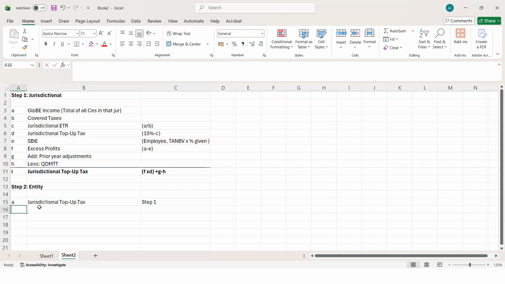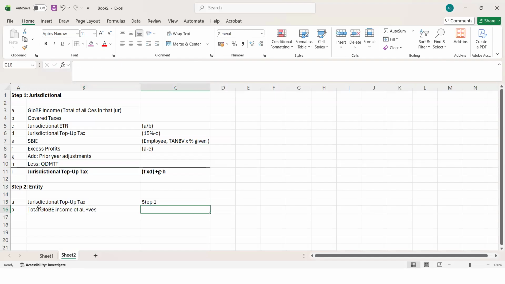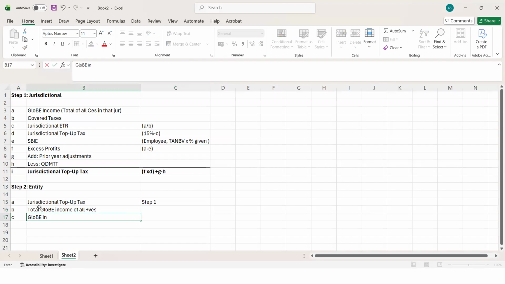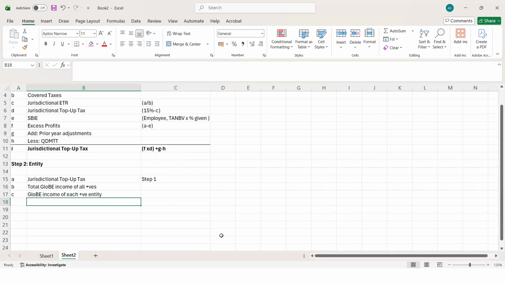And I will calculate the total GloBE income of all positive entities, right? And then I will take the GloBE income of each positive entity. Yes. And then I will distribute.